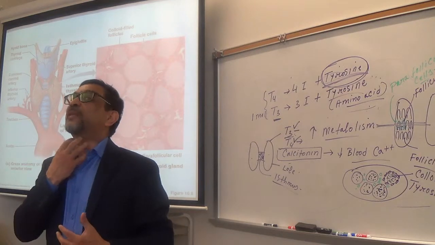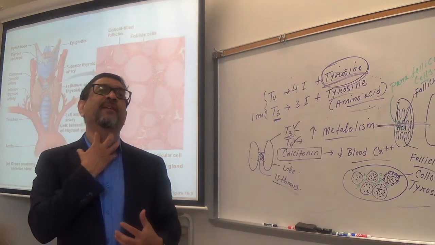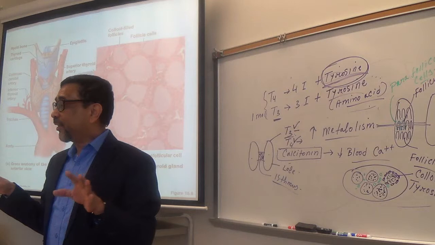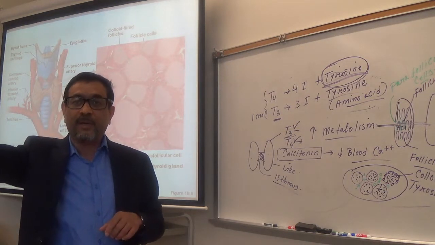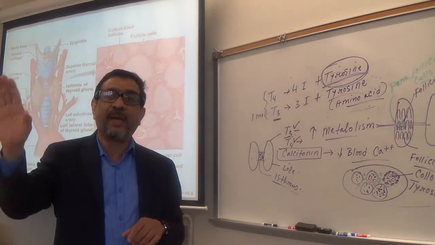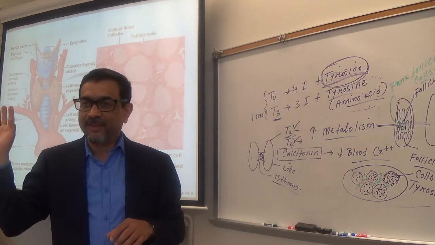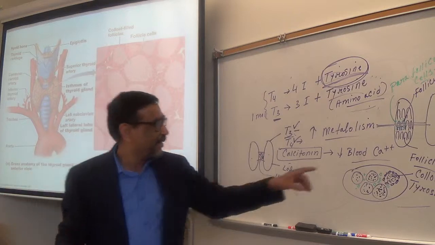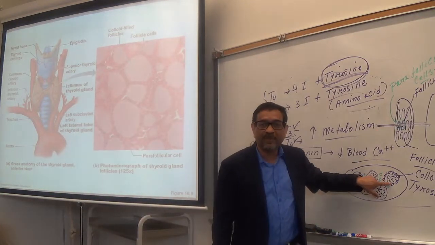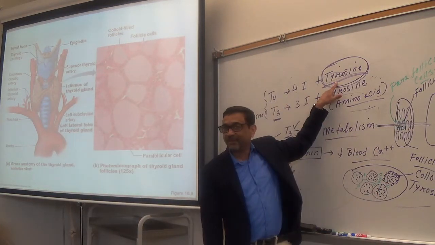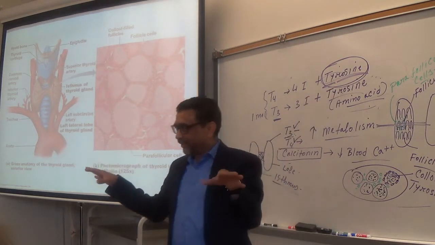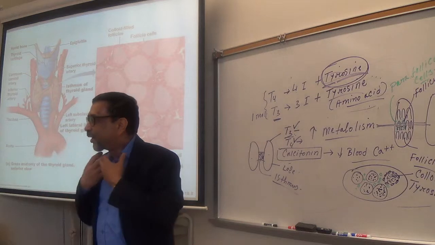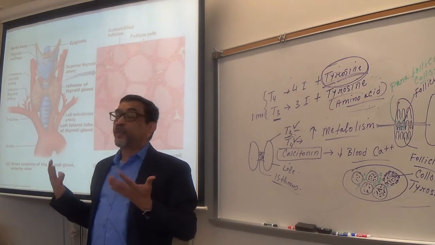Clinical condition. Sometimes you see the thyroid is big like this. Here you don't see many, but if you go to a third world country where kids suffer from lack of iodine, if iodine is less, tyrosine will not be used up. Make sense? Because tyrosine binds with iodine. So tyrosine will not be used, so will accumulate, and that is called goiter.